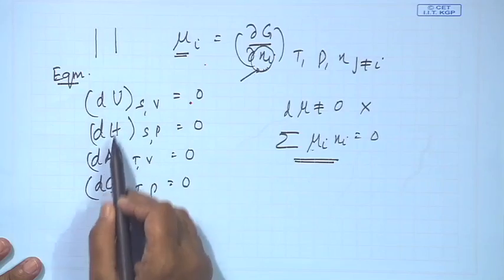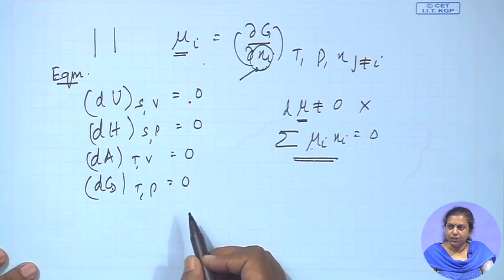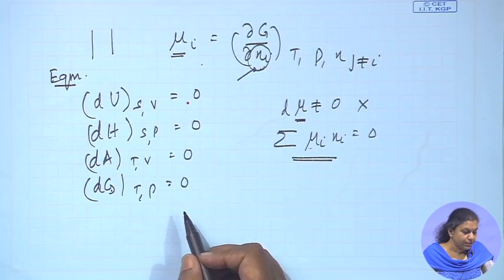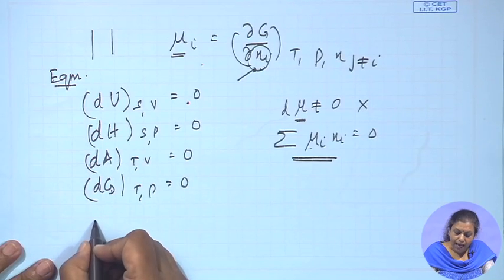The next thing I would like to say is, what have we done in this particular case? We have related each and every thermodynamic potential with the chemical potential term. Now, it would be interesting to find out, for an isolated system, what is the criterion of equilibrium?